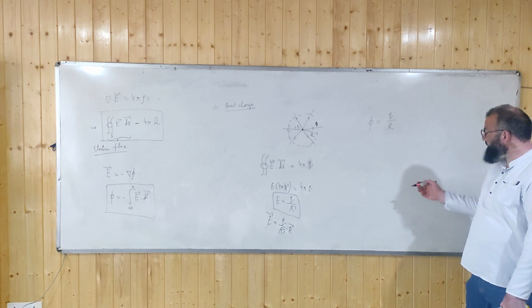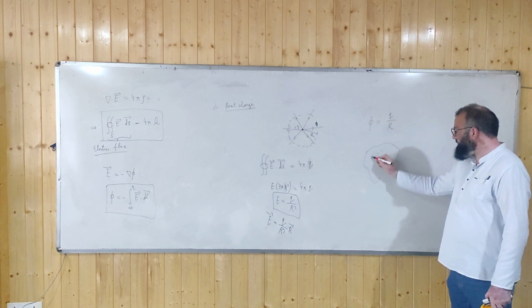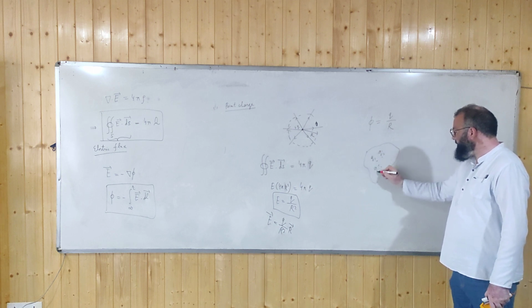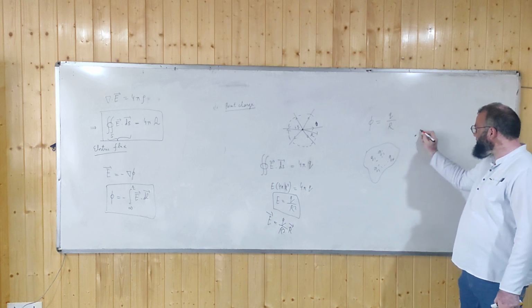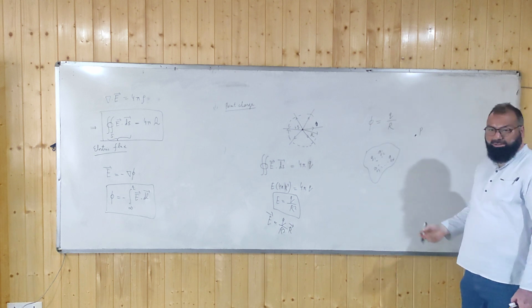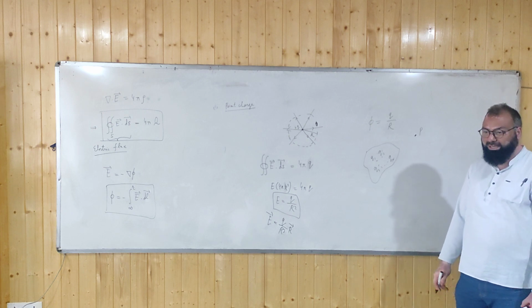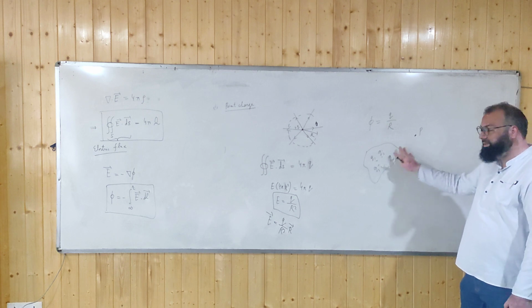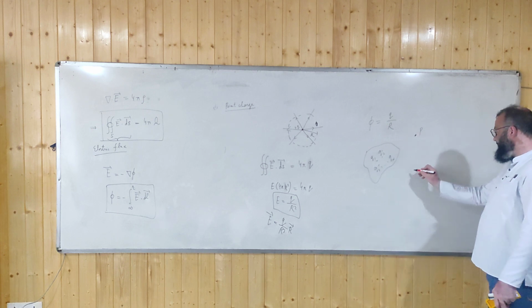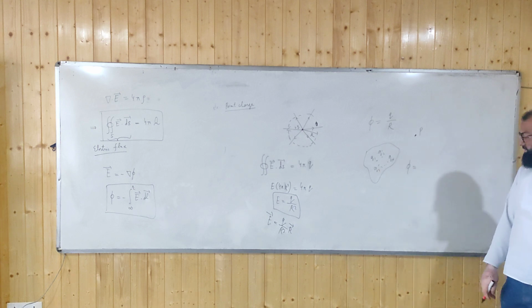Now let's say you have a system of charges somewhere, Q1, Q2, Q3 and so on up to Qn, and you try to calculate, at a point P, the field due to all these charges. How will you do it? You just apply the superposition principle and calculate the field due to individual charges. In other words, I can calculate the potential, which also follows the superposition principle.